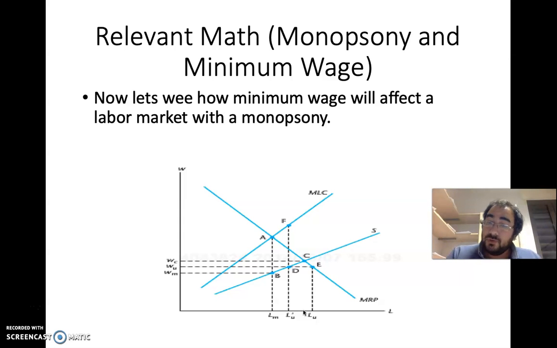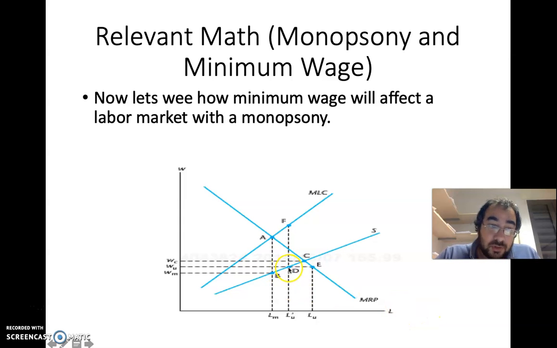Well, do we need to raise the wages of remaining workers when we hire one more worker? We don't need to do that all the way to the point D.